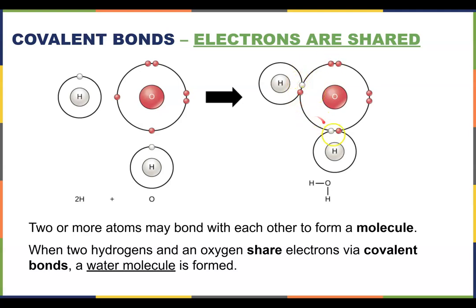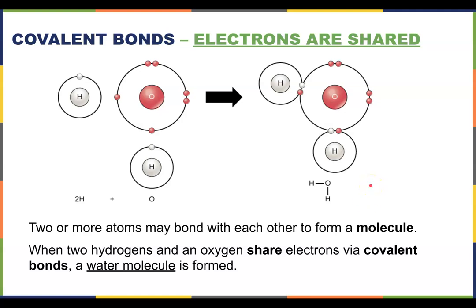Remember, the octet rule is 8 electrons in that shell. That's a full shell. For hydrogen, it's just 2 because it doesn't hold that many. Oxygen has its 8, and then this other hydrogen is sharing 1, and that also has 2. So that's a covalent bond.